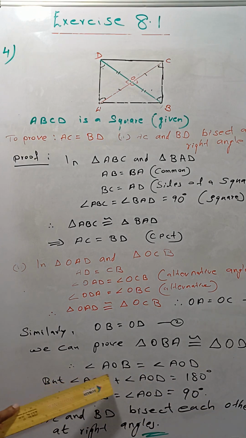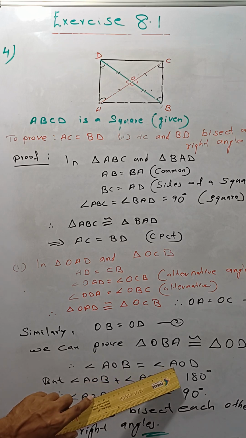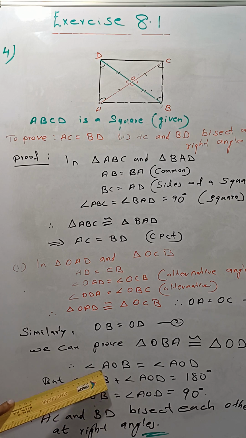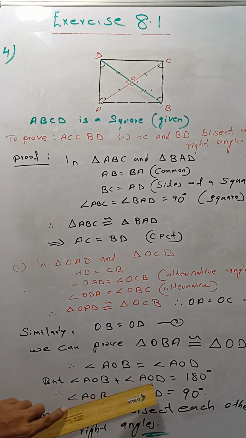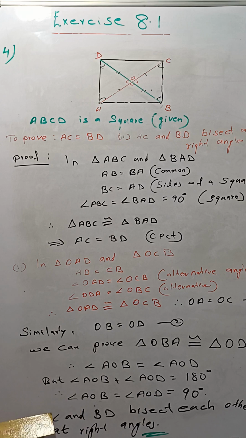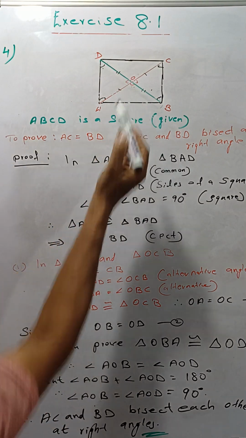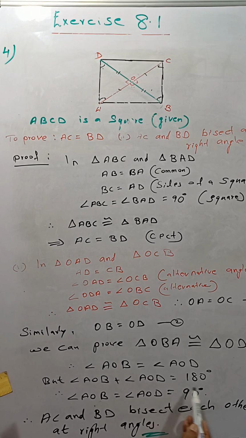Therefore, angle AOB is equal to angle AOD. But we know that angle AOB plus angle AOD is equal to 180 degrees, because that is a linear pair.